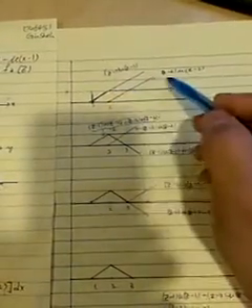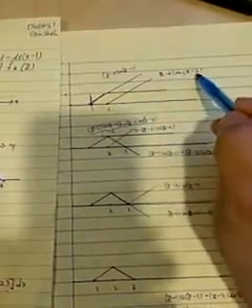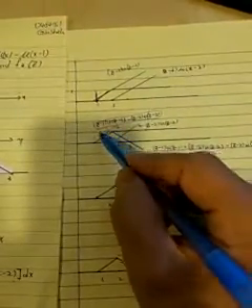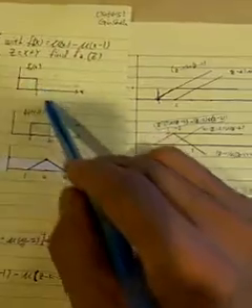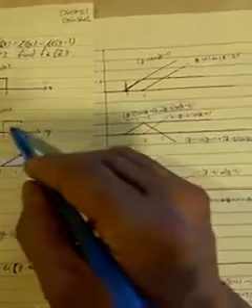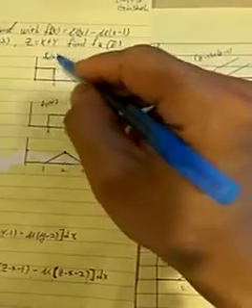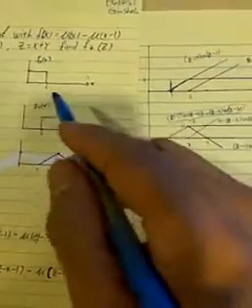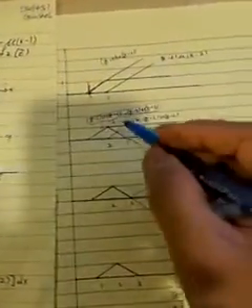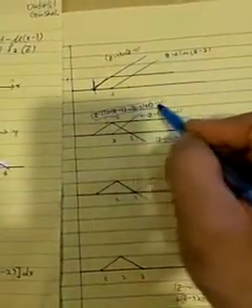When the box of f of x fully covers f of y, we have this point, and this is the formula.